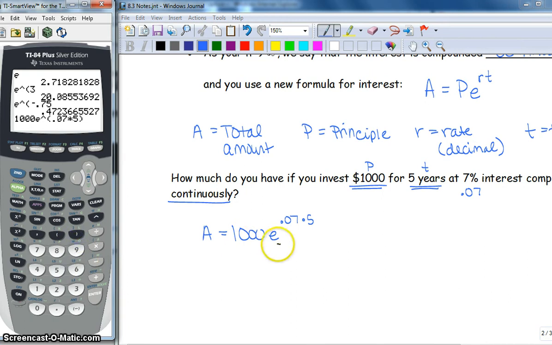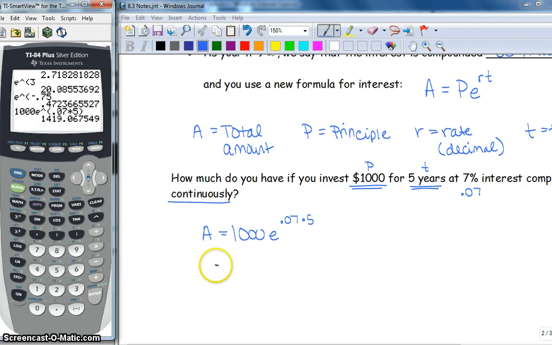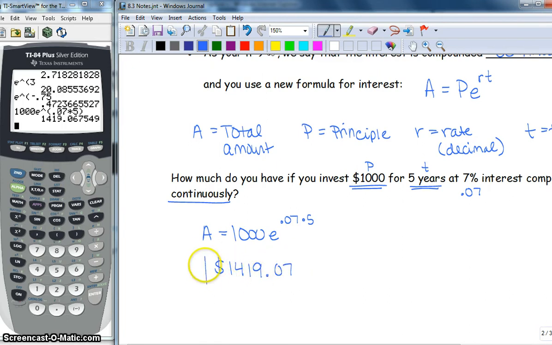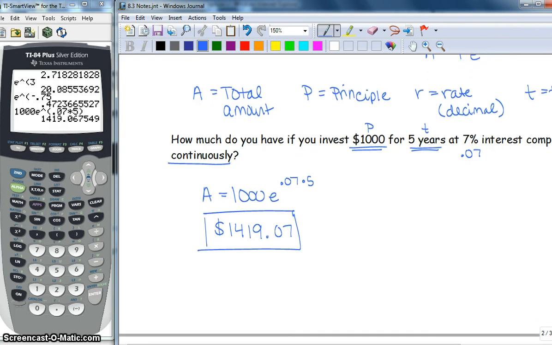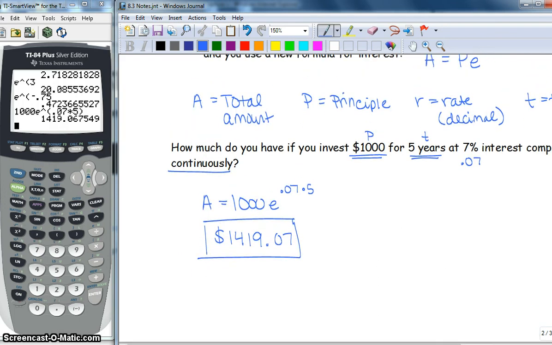Now I want all of that being raised to the e power, so I make sure that I include both of those in the parentheses. And if my interest is being compounded continuously, after 5 years, I have $1,419.07. And that's going to be it for 8.3.